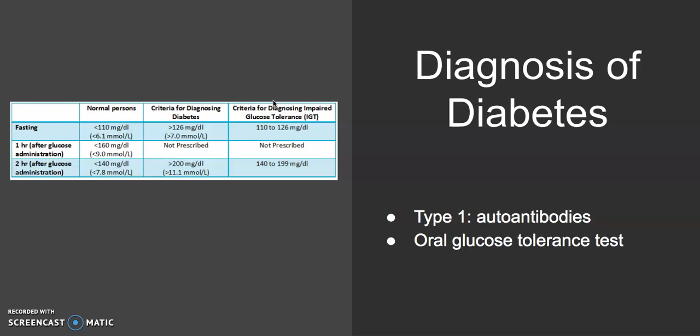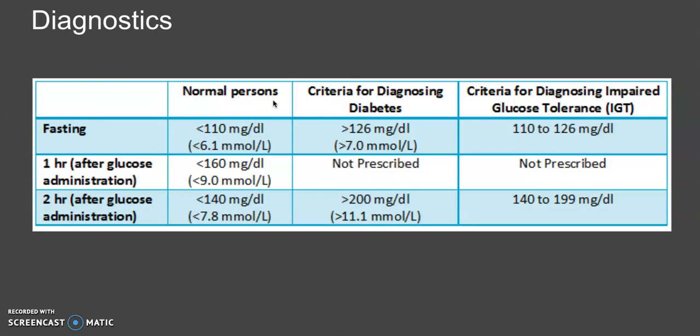For either type 1 or type 2, we can also do an oral glucose tolerance test. An oral glucose tolerance test essentially means that you take someone who's fasting, they haven't eaten in a while, and you give them sugar.